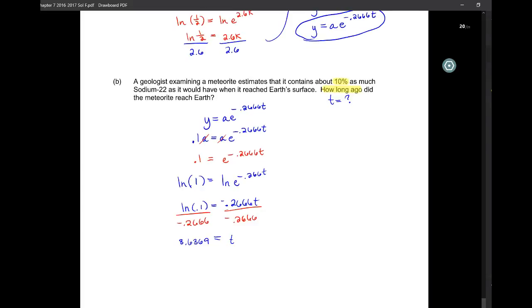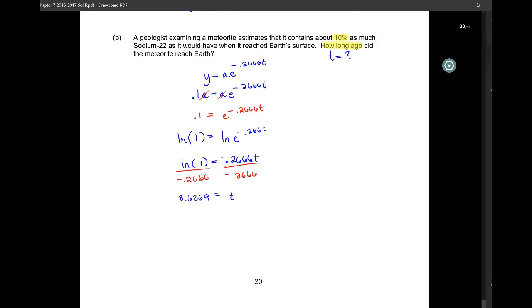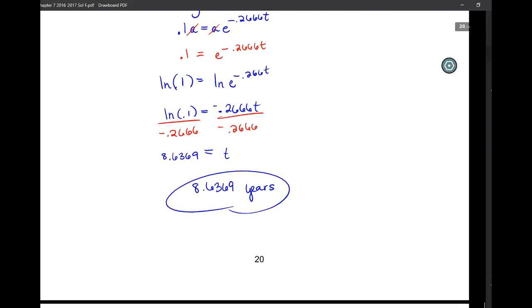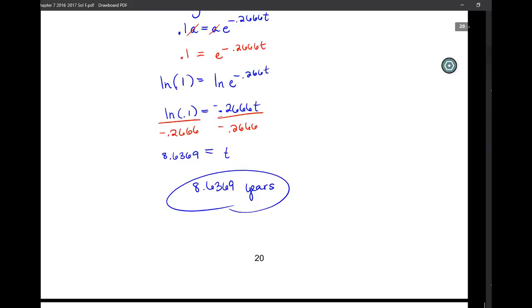And because when we first originally looked at the problem, this is measured in years, we would say 8.6369 years. Wait, what's that? Did I switch something? What's wrong? Are we okay?